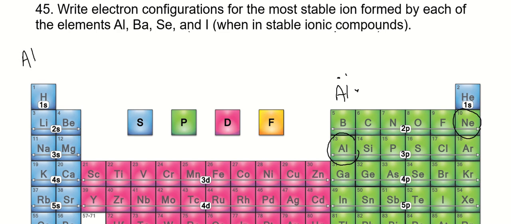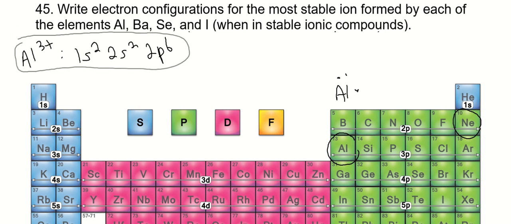So let's do that. Aluminum 3 positive, and I have this periodic table that goes with Aufbau. So just fill it in the order of the periodic table: 1s2, 2s2, 2p6. So there's your electron configuration for the aluminum 3 plus cation.